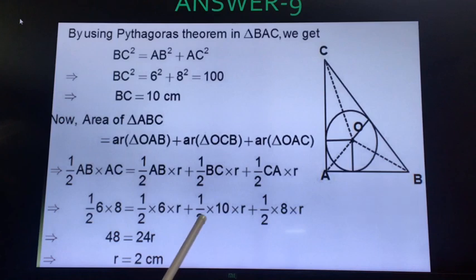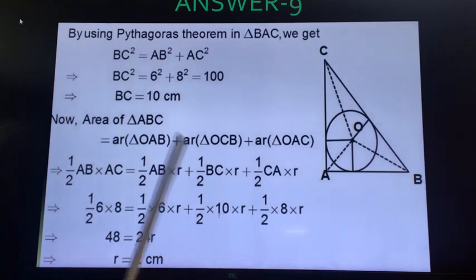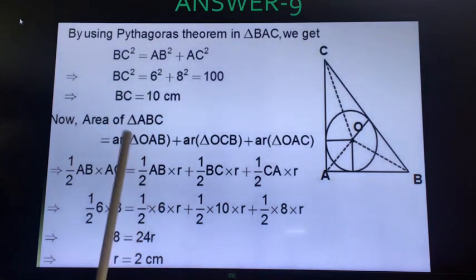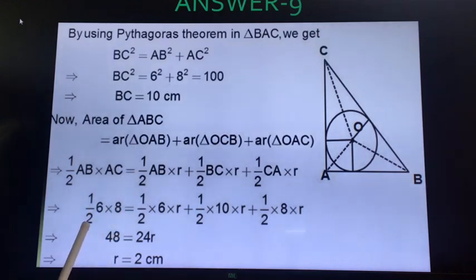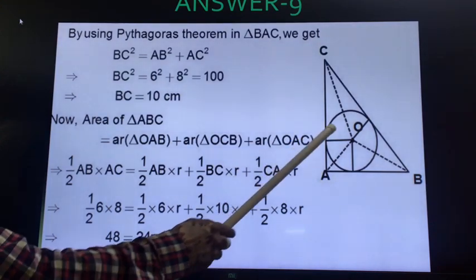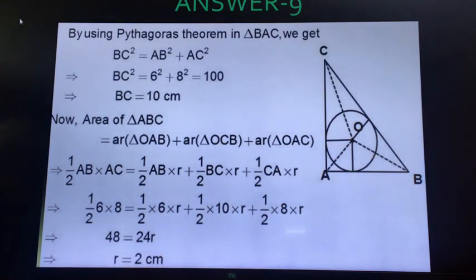So 3R, 5R by 2, 4R. So 4R plus 5R, 9R plus 3R, 12R is equal to 48 by 2, that is 24. So this will give you the value of R is equal to 2 centimeter. So in this way we will be able to find out the radius of this circle, which is inscribed in this right triangle.